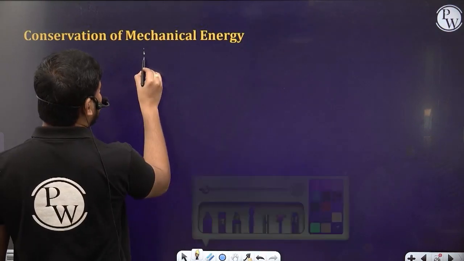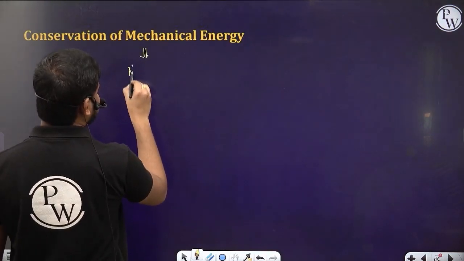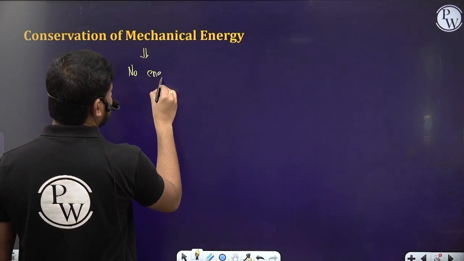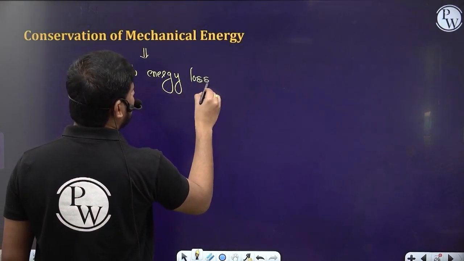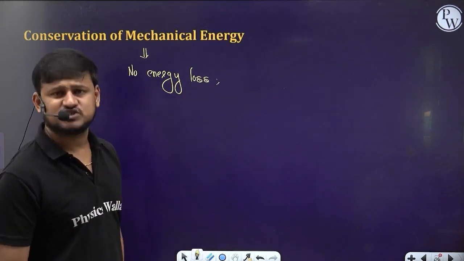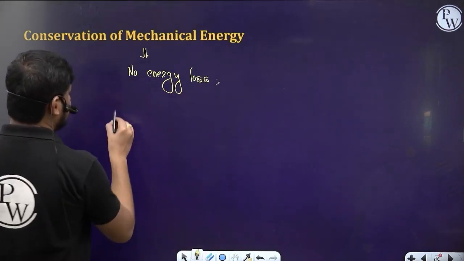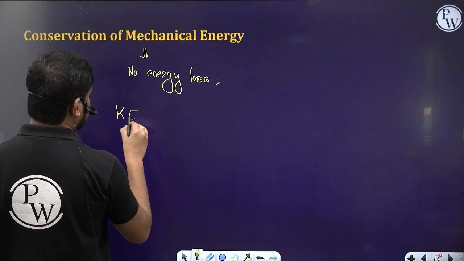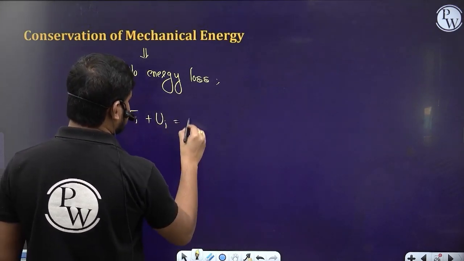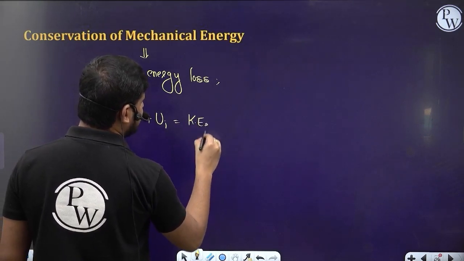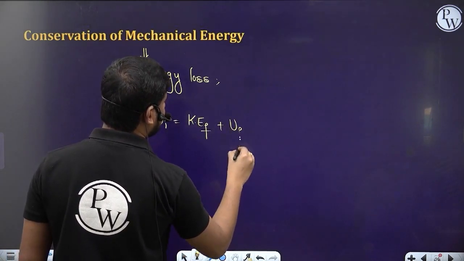If there is no energy loss, the energy can transform from one form to another form. That's what the conservation of mechanical energy says. So the initial kinetic energy plus initial potential energy is equal to the final kinetic energy plus the final potential energy.